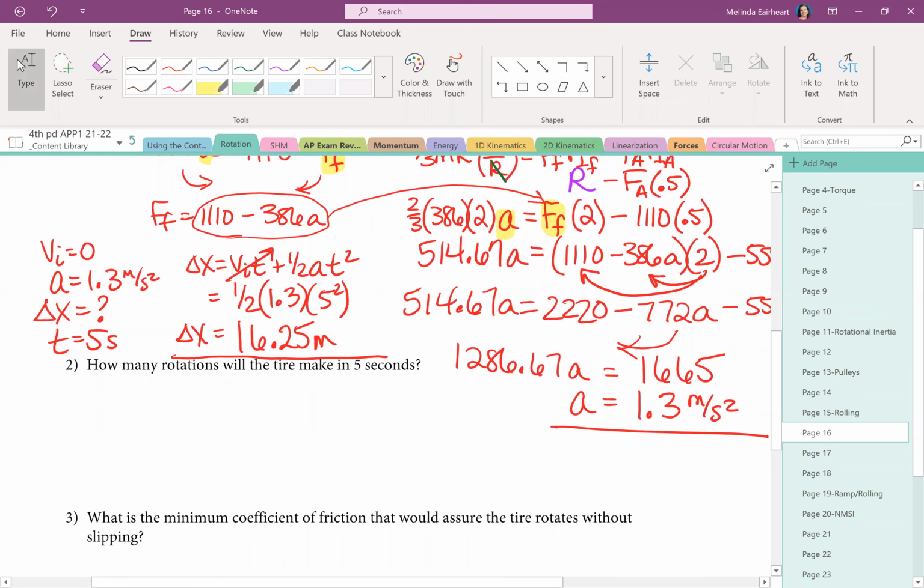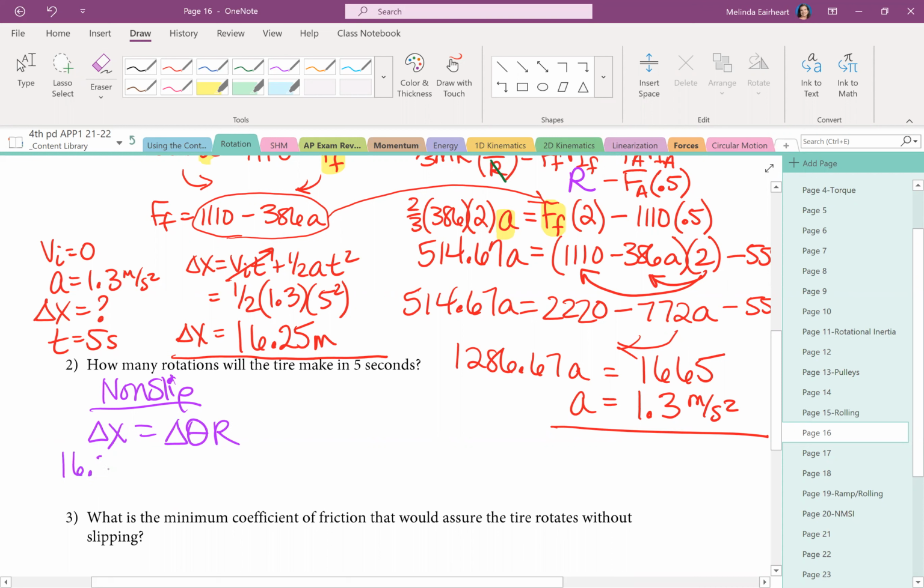Same tire. How many rotations does this big tire make in 5 seconds? And so again, assuming non-slip, which is the assumption we make unless told otherwise, then that linear displacement we just found is equal to an angular displacement of the tire times the radius.